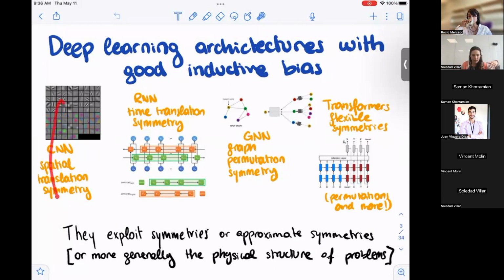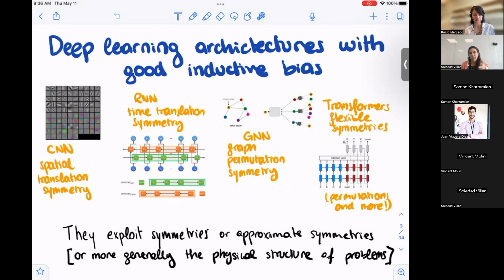So for instance, convolutional neural networks are equivariant or approximately equivariant with respect to translations in the images by applying the same filter in different parts of the image. Recurrent neural networks exploit some form of time translation symmetry by using the same recurrent units in text data. Graph neural networks are especially designed to satisfy the graph permutation symmetries.